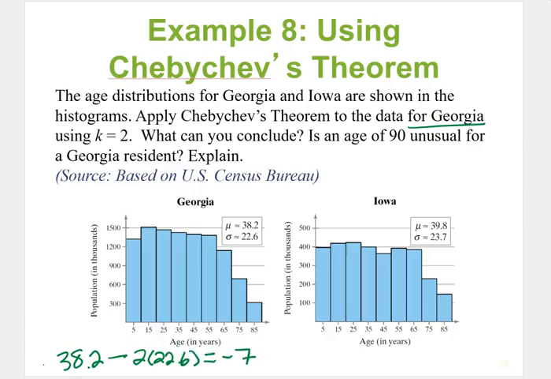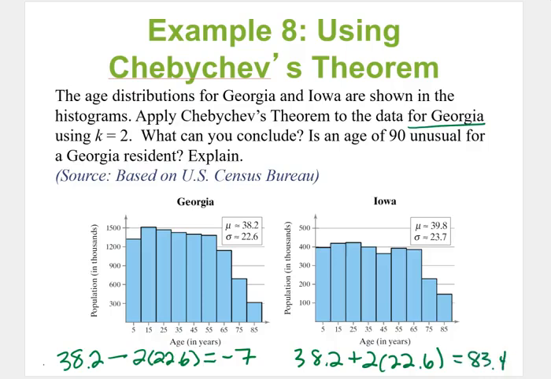Now, I can't have an age of -7 years old. So going 2 standard deviations below the mean doesn't really tell me anything because I can't be -7 years old. So let's go above and see what happens. Let's do the 38.2 plus 2 standard deviations, and that gives me 83.4.